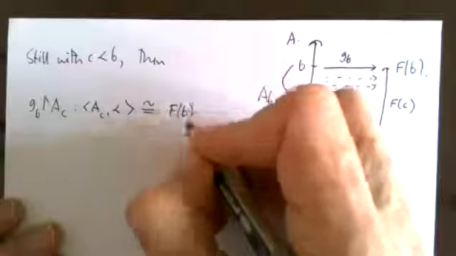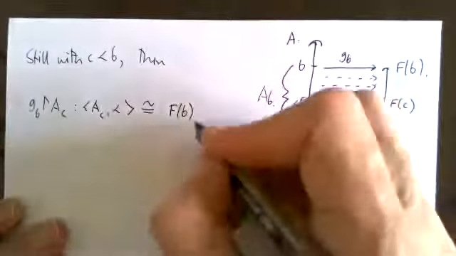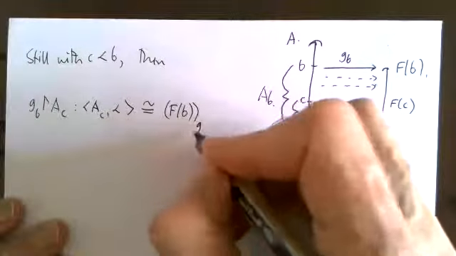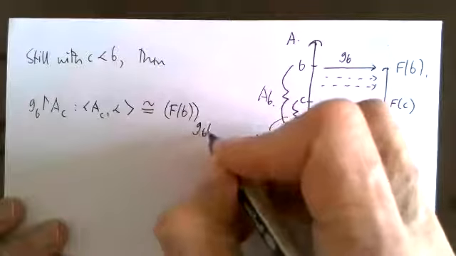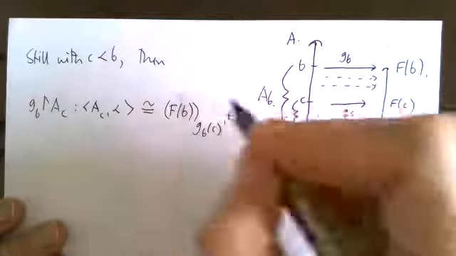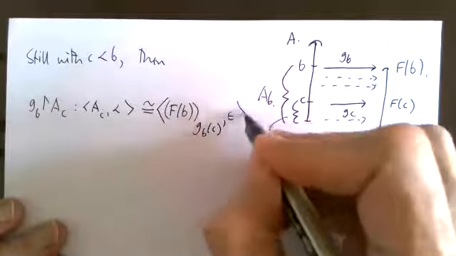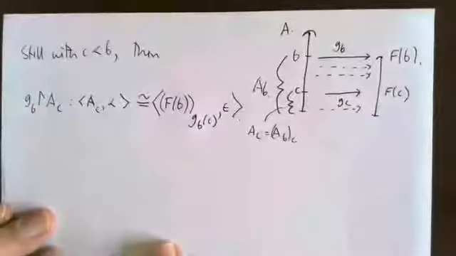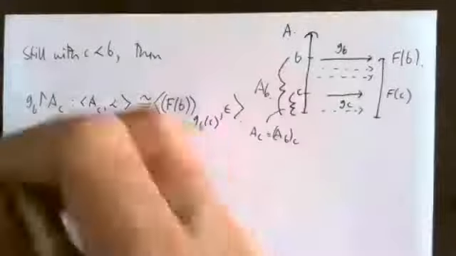This is isomorphic to f of B. This is exercise 3.4.